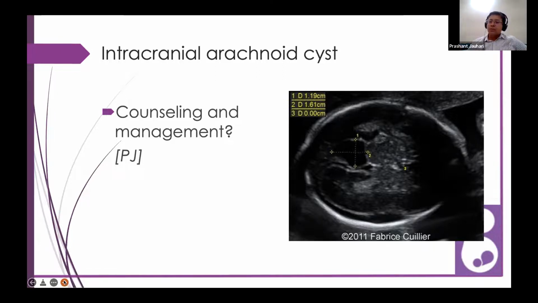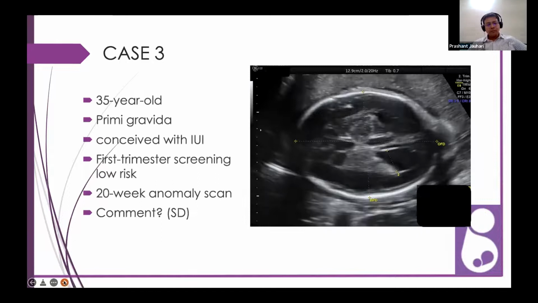There can be some subtle developmental abnormalities like learning disabilities or occasional seizures, but we don't have a causal relationship with arachnoid cyst. So you don't aspirate and all? We don't, unless we see that some sort of compression is happening on any of the brain structures. And that would be 5% or 10% at the most. Right.